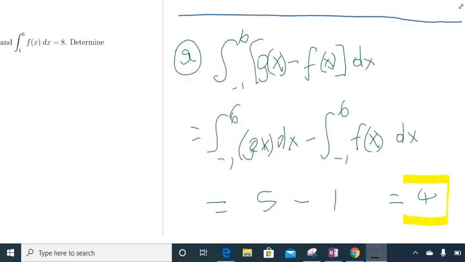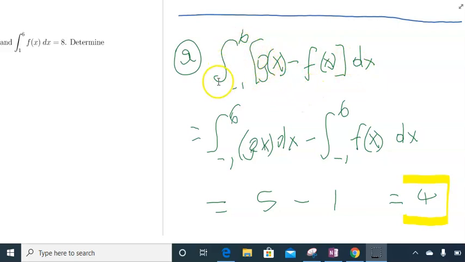Let's look at a solution for part A. For the integral from -1 to 6 of g of x minus f of x dx, we want to invoke the subtraction property.